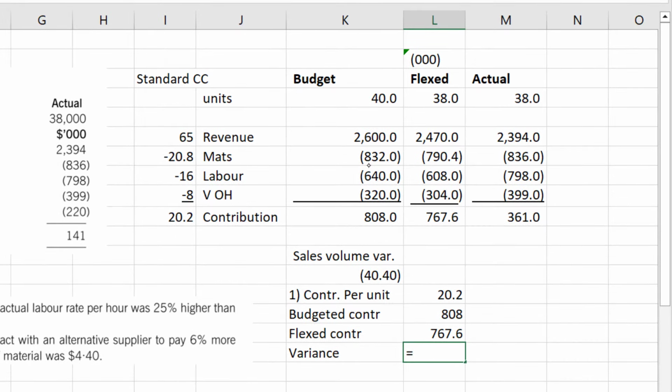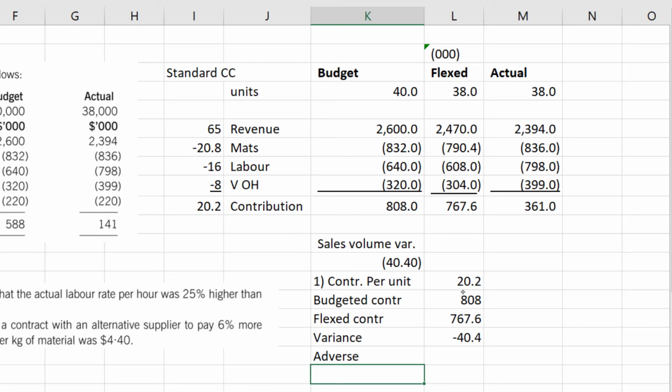I'm going to do it from the bottom minus the top, so it's negative, just to reinforce that it's adverse. Because we sold fewer units. So right away, we see that it's got fewer units.